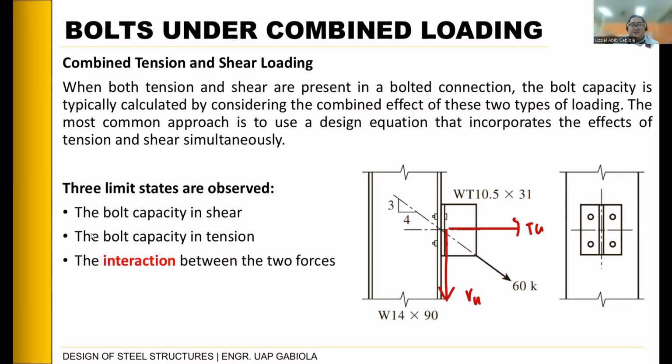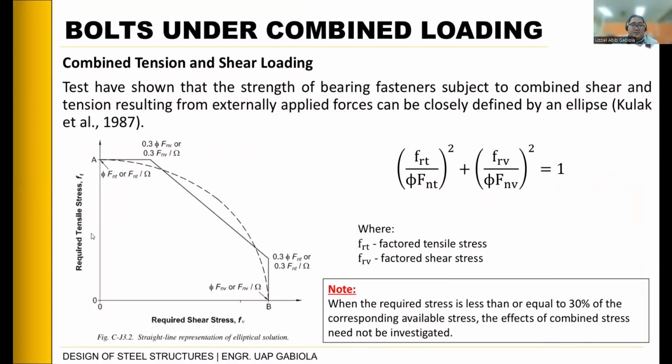Tests have shown na yung strength daw ng mga bearing fasteners subject to combined shear and tension resulting from externally applied forces can be closely defined by an ellipse, according to Kulak et al. in 1987.